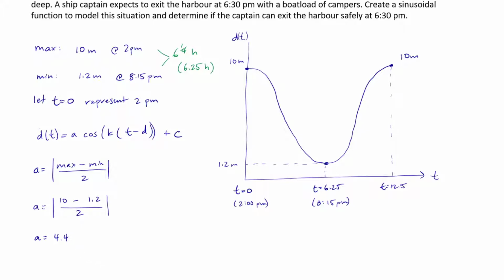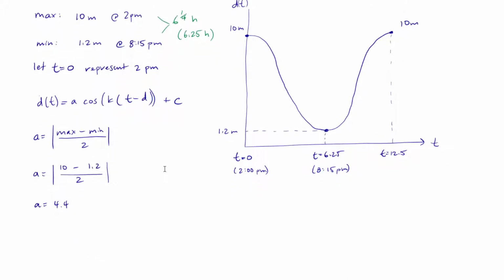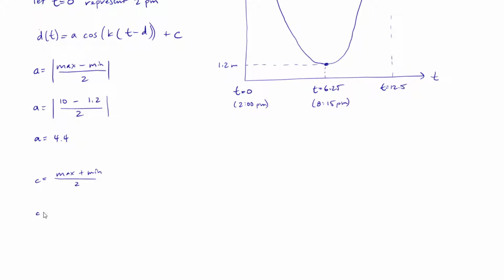Then if I want to find my C value, remember my C value is given as max plus min divided by 2. So C is equal to 10 plus 1.2 all over 2. And the C value is equal to 5.6.